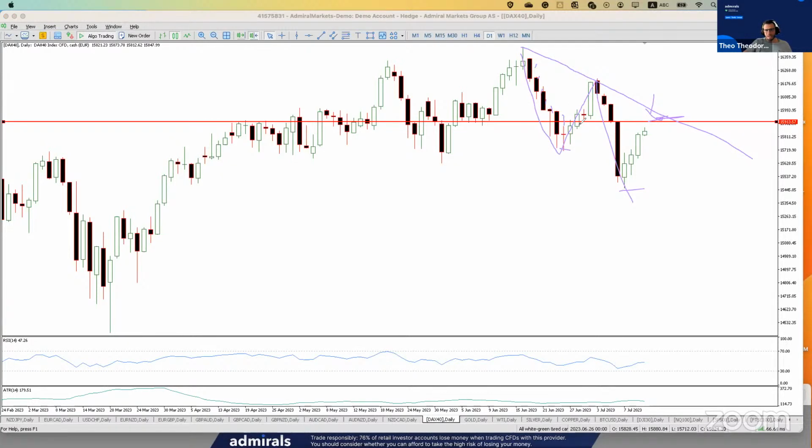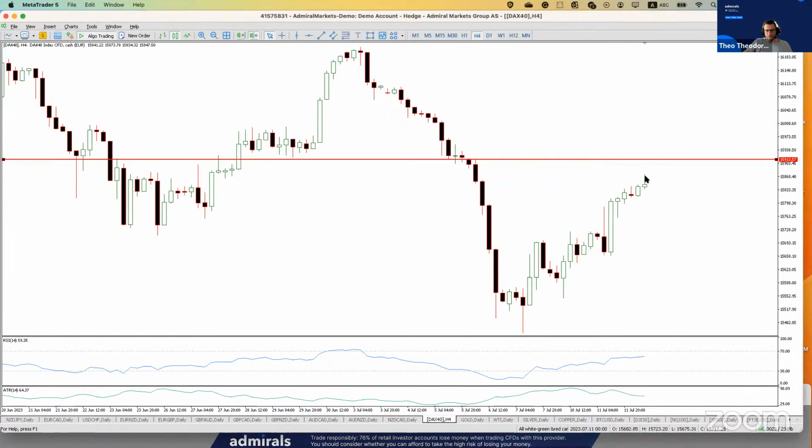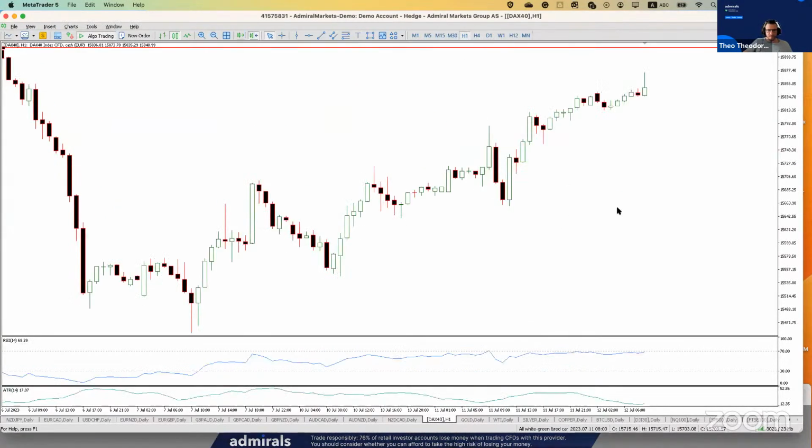You see how these candles are moving away from each one in a very tight sequence. Let's move on. 4-hour chart, still the same lines are valid.